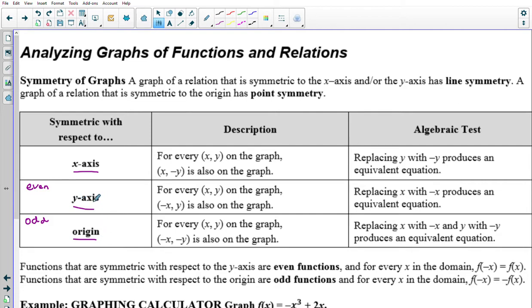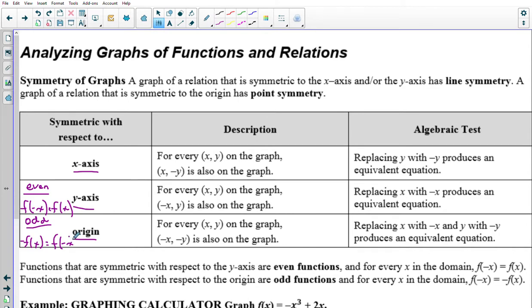When you have symmetry with respect to the y-axis, that graph is also called an even graph. An even function means, by definition, and you should know this definition, that f of negative x is going to equal f of x. And in an odd function, a negative f of x is equal to f of negative x.